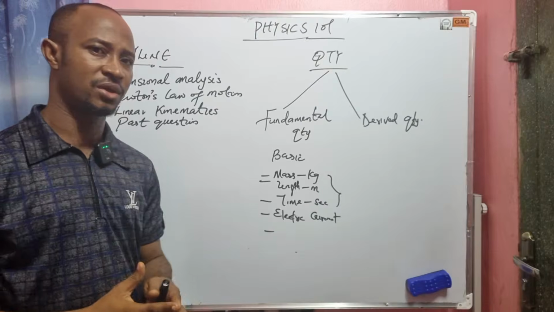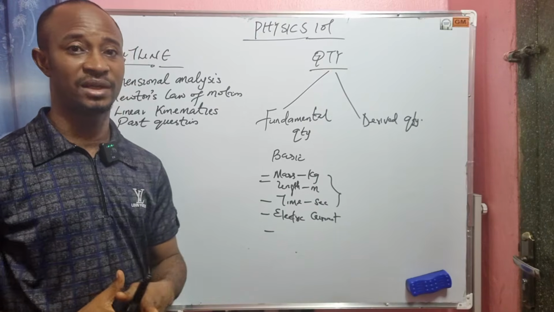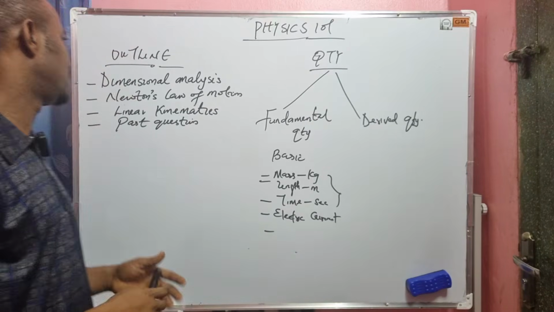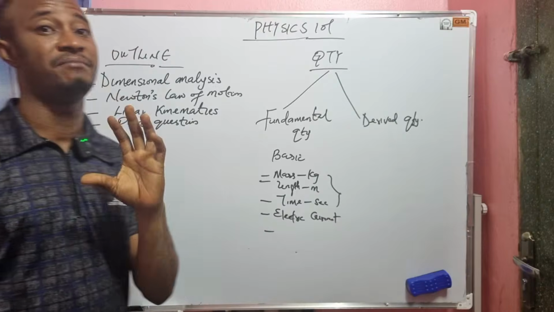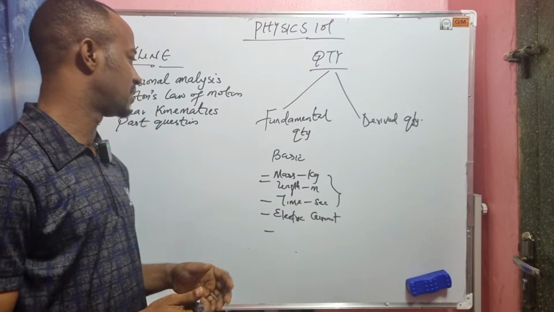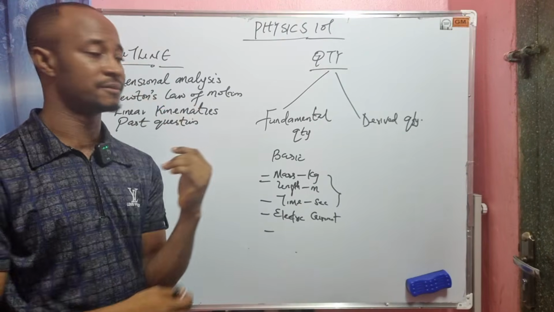So the expression of physical quantities in terms of their fundamental quantities of mass, length, and time is simply referred to as dimension. Dimension of physical quantities. All right. Then after this, I will explain what is dimensional analysis.